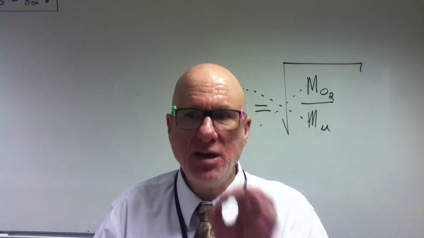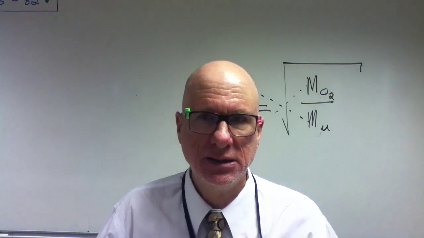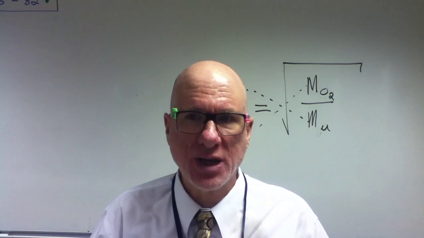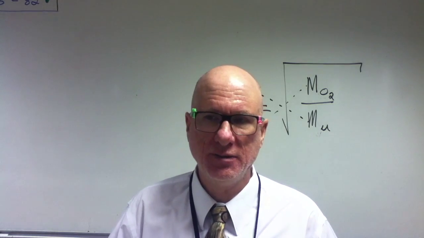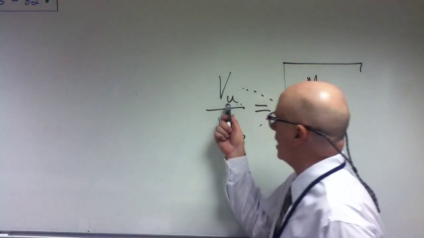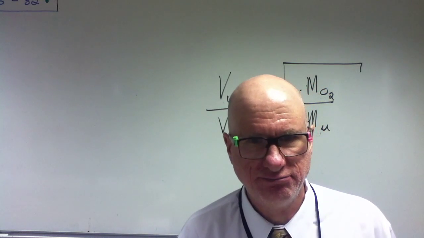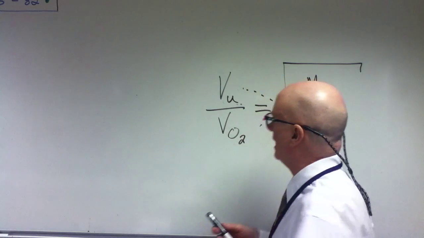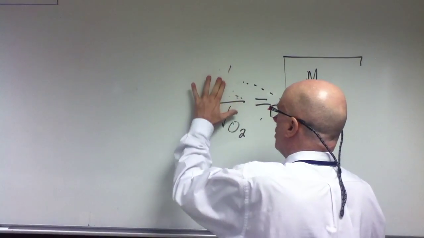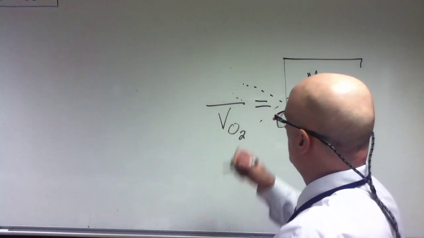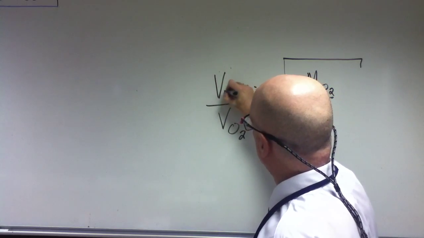Now, the unknown gas is 4 times faster than oxygen. If I was going to write the unknown gas in terms of oxygen, I want only one variable, so I'm going to make this oxygen.